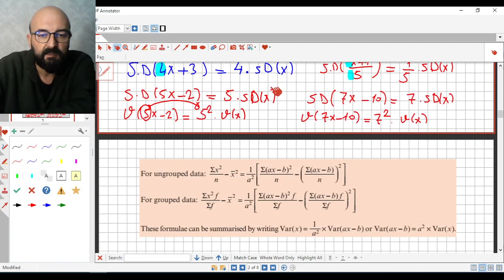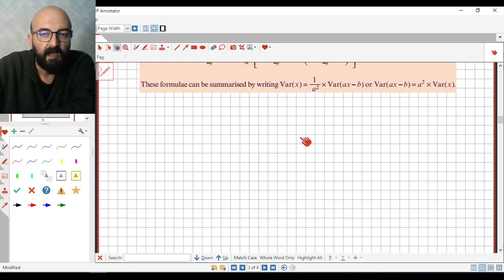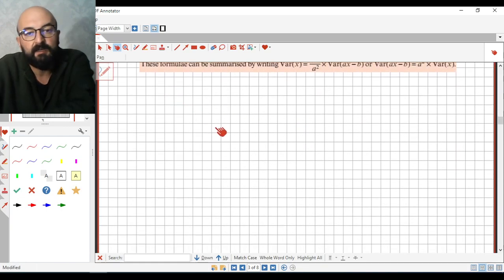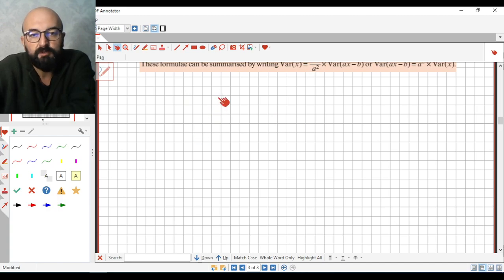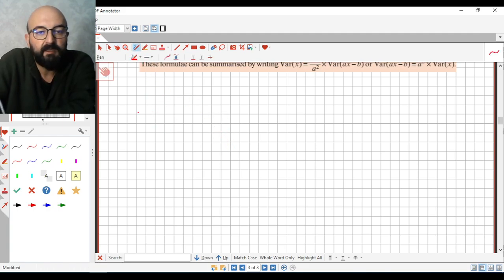And briefly, I want to do some practice so you can understand better. For example, the mean of x, and the standard deviation of x, we can say any letter.